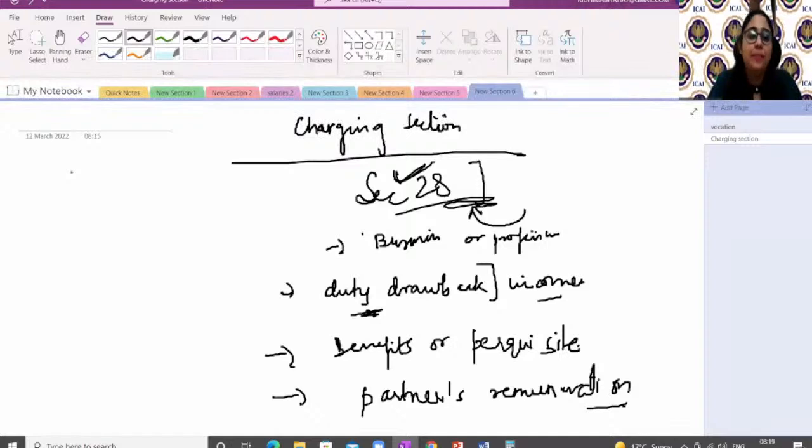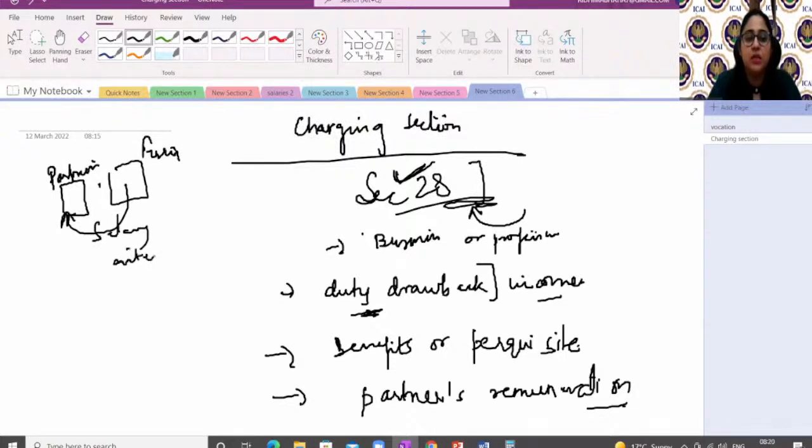So any remuneration which the partner is getting from the firm, it can be salary, it can be interest on capital, it can be profit share. Profit share is exempt. You have read that in section 10. But all of these would be part of the PGBP income of the partner also.